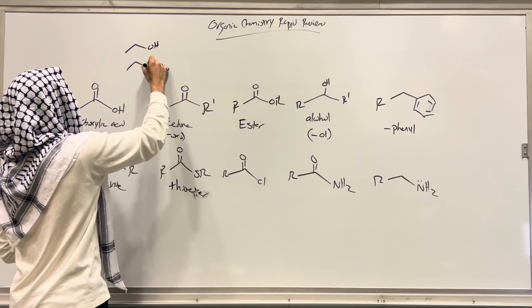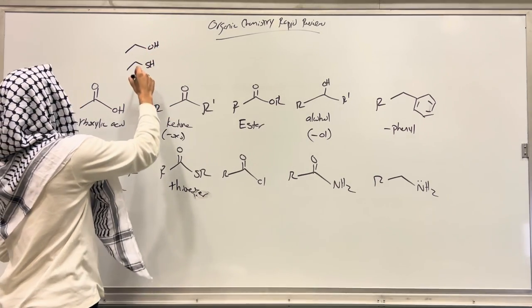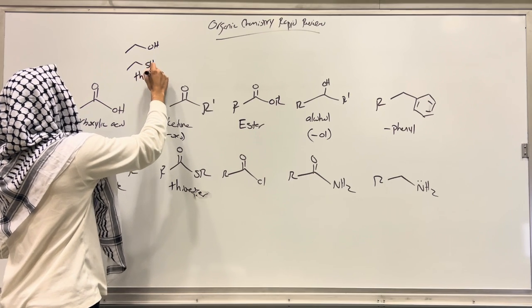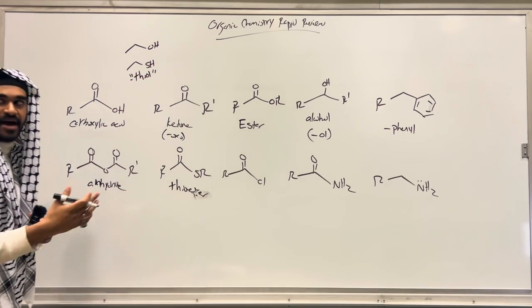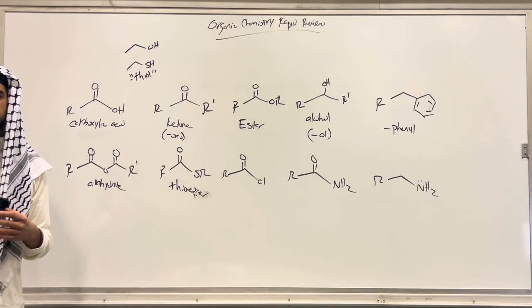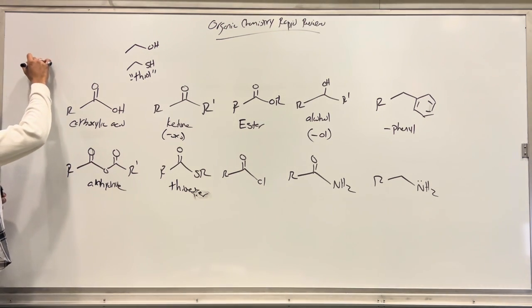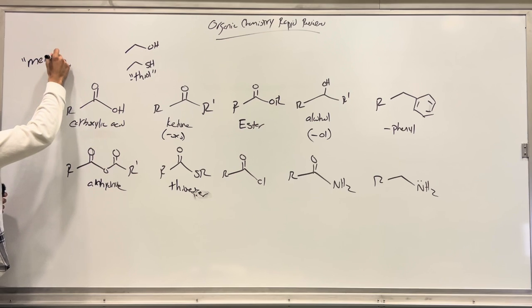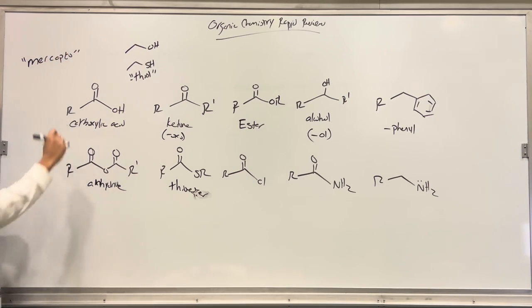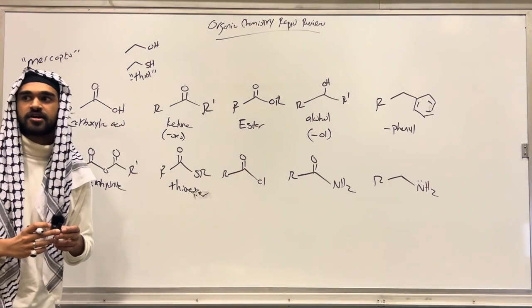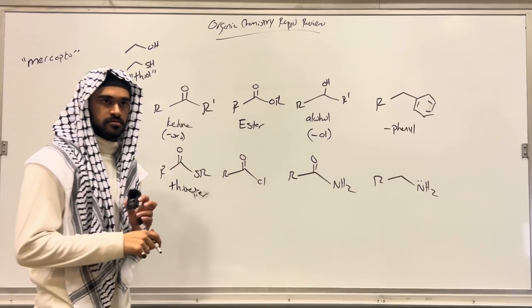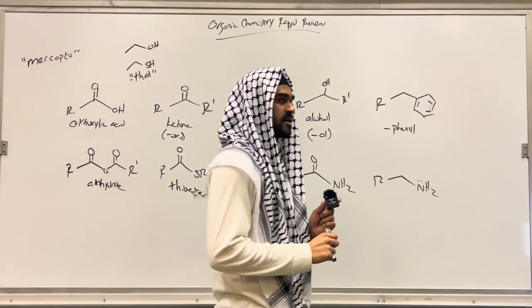Does anyone know what this is called? A thiol. And sometimes the MCAT in a passage, they'll say thiol, and you'll have to kind of recognize that that's what they're talking about. But another thing they'll say is the phrase mercapto. Mercapto means sulfur. Whenever you see mercapto, it means sulfur.